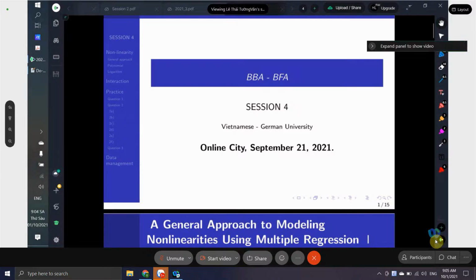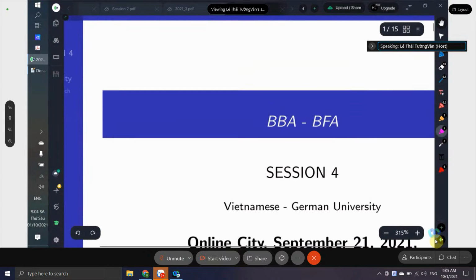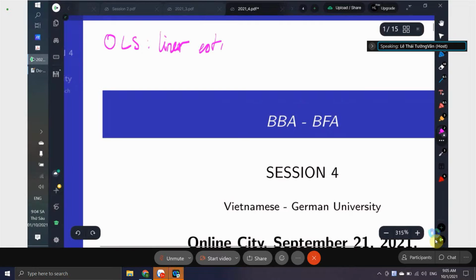So by linear OLS, it has to be a linear estimator.